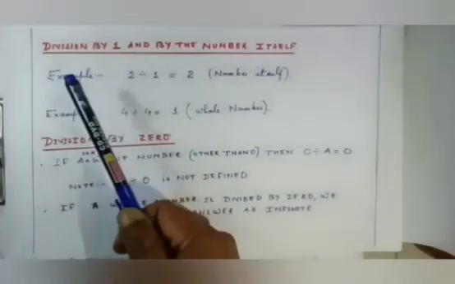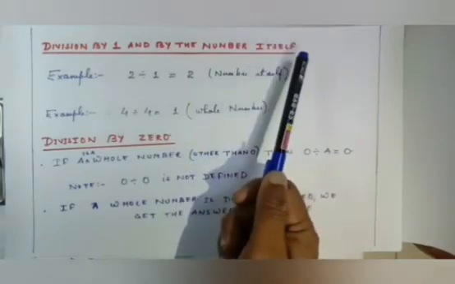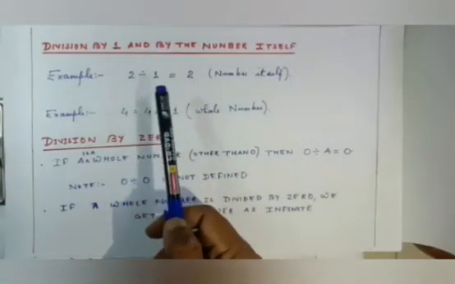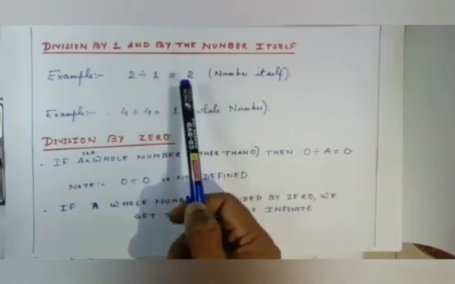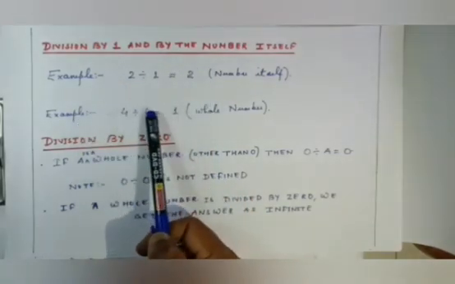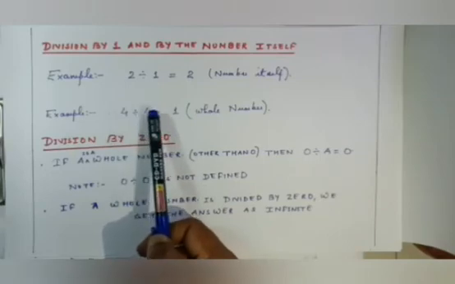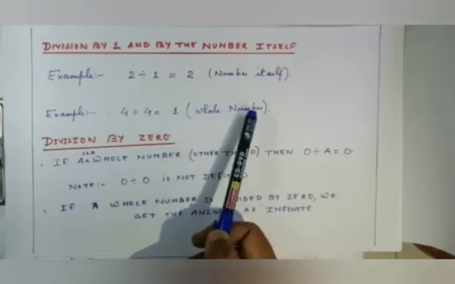Let us start with another topic, that is division by 1 and by the number itself. We almost know that if a whole number is divided by 1, whatever answer we get is the number itself. But in the second case, if a whole number is divided by itself, meaning 4 divided by 4, whatever answer we get is 1. That is also a whole number.